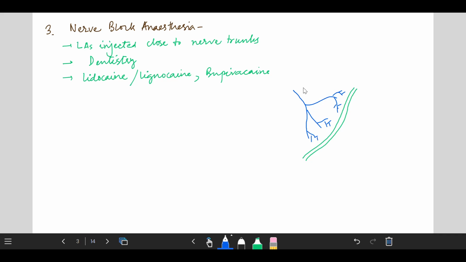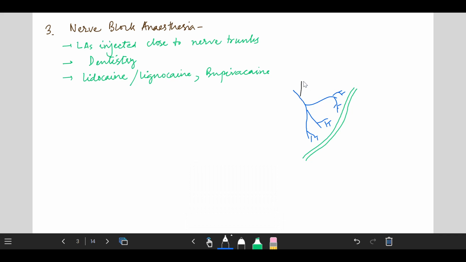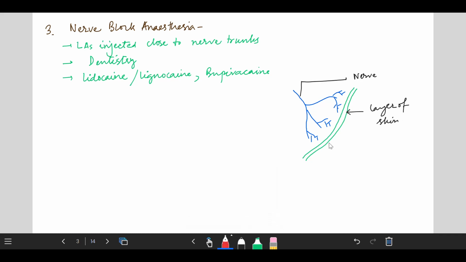This is a nerve and these are the nerve branches. So this is the nerve, this is the layer of skin. When we are applying local anesthetics to this part, that is surface anesthesia.